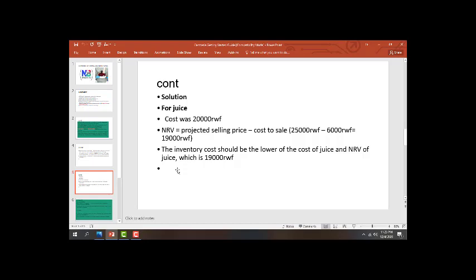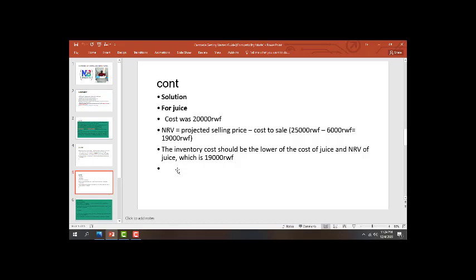The cost for jewels was 20,200 francs. Net realizable value, as I said before, is projected selling price minus cost to sell. Here we have 25,200 francs as projected selling price minus 6,200 francs as cost to sell.